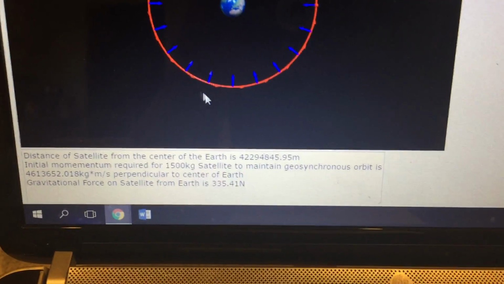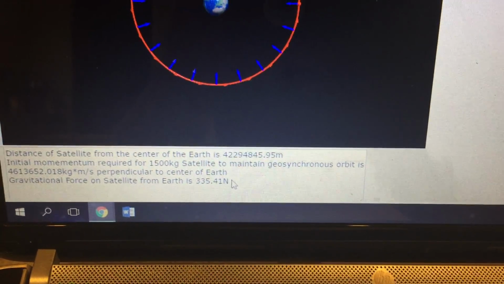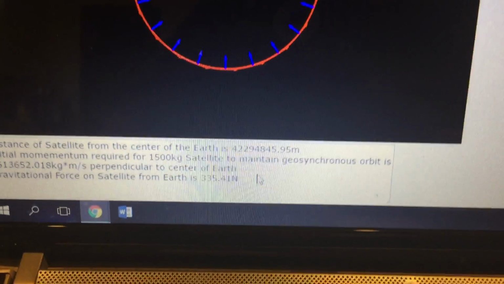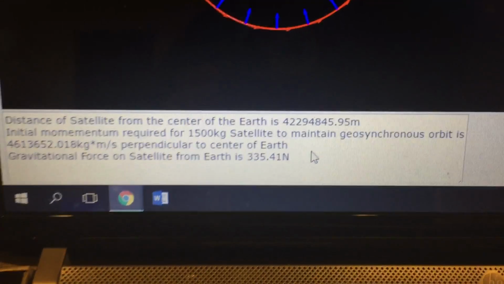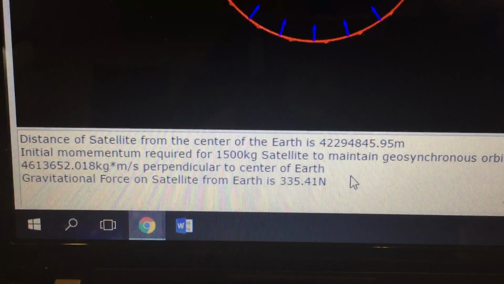And the force from the Earth is scaled up so you can see it, but it's about 1/10 of the velocity, meaning that the gravitational force is 335 newtons, which is the magnitude. So the arrow is going to be smaller than the velocity, so I scaled it up. And those are the answers to some of the questions. I put them in the code.